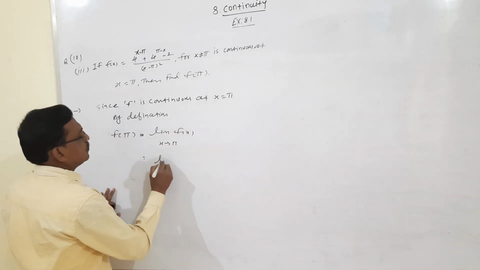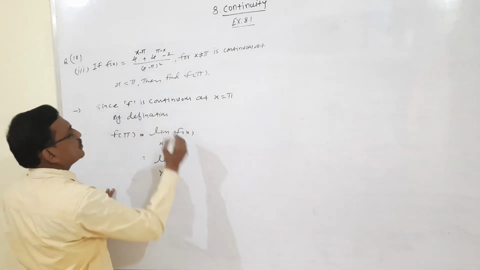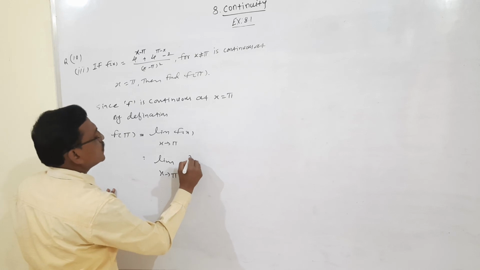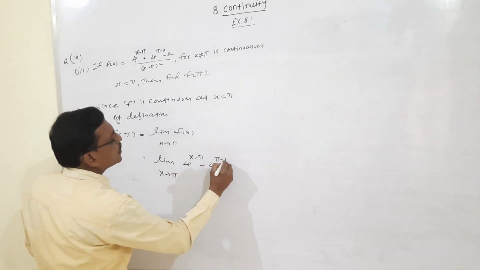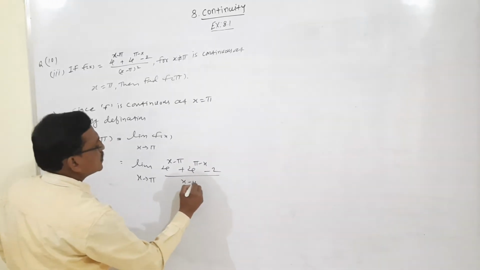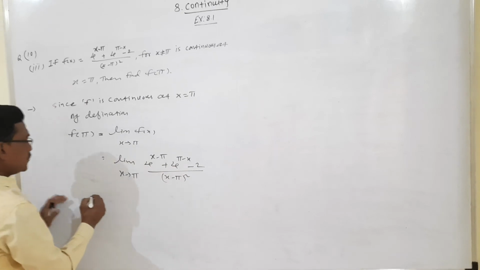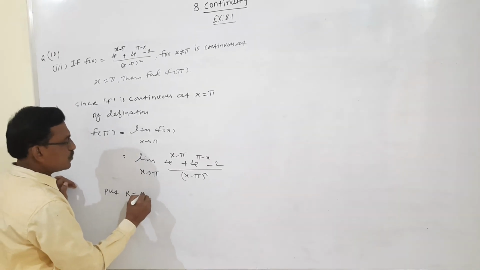So f of pi is equal to the limit of our function, 4 raised to x minus pi plus 4 raised to pi minus x, minus 2, divided by x minus pi whole square. Here put x equal to pi plus h.